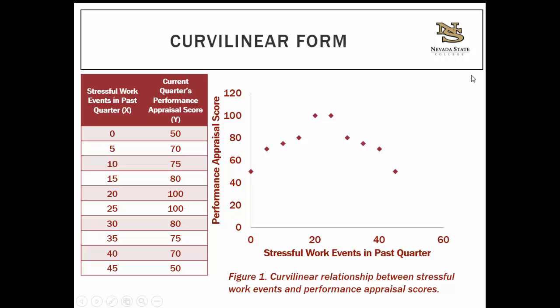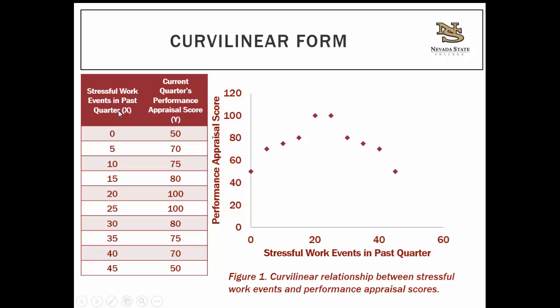All right, so here's an example of a curvilinear relationship. And just to kind of point out how a scatter plot is constructed, each row in this table represents one person, and we're measuring stressful work events in the past quarter, seeing if there's a relationship with their performance appraisal score. So we're calling stressful work events variable x because we think that stressful work events is what's predicting the performance appraisal score.